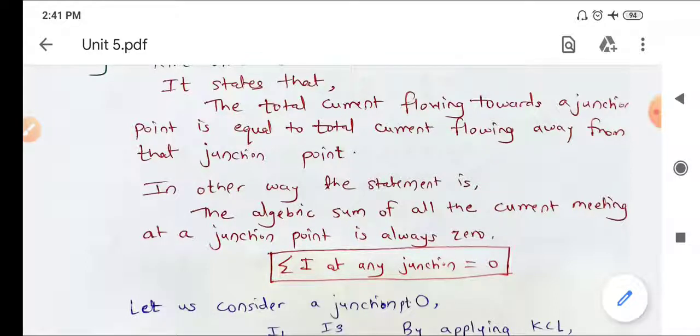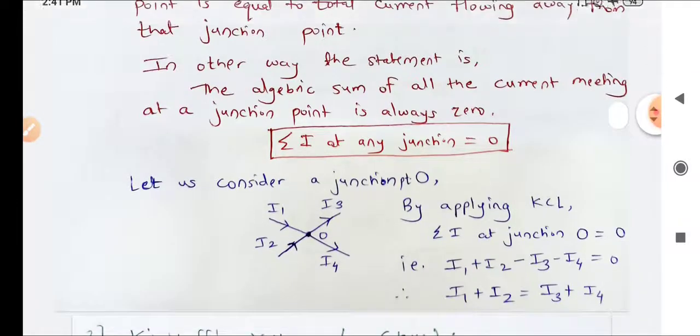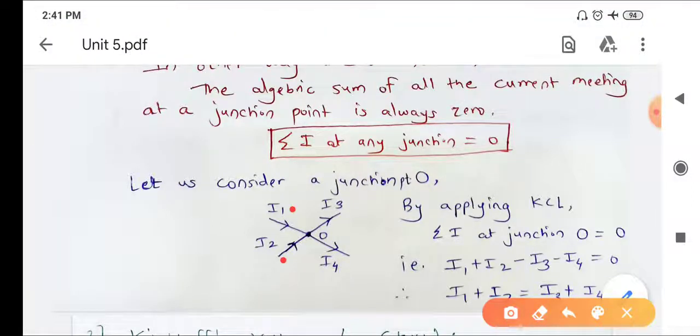For explanation, we will consider one junction O, where 4 branches are meeting. The currents entering the junction are I1 and I2, whereas the currents leaving the junction are I3 and I4. As the junction can neither generate nor absorb any current, the total current entering the junction is equal to the total current leaving the junction.